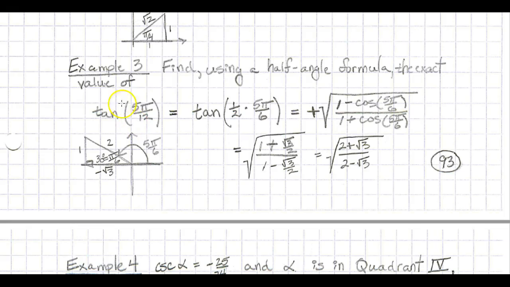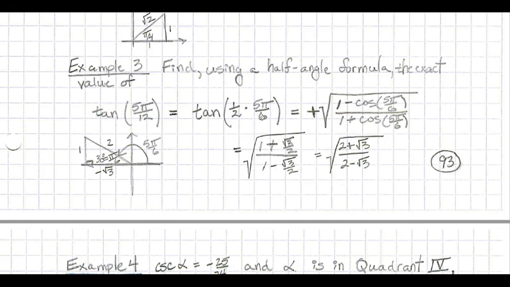Third example, we want to use a half angle formula to find the exact value of the tangent of 5 pi over 12. So that means 5 pi over 12 is the same thing as half of 5 pi over 6, right? Multiply that, you get 5 pi over 12. So alpha is 5 pi over 6. So I want the tangent of alpha over 2, where alpha is 5 pi over 6.